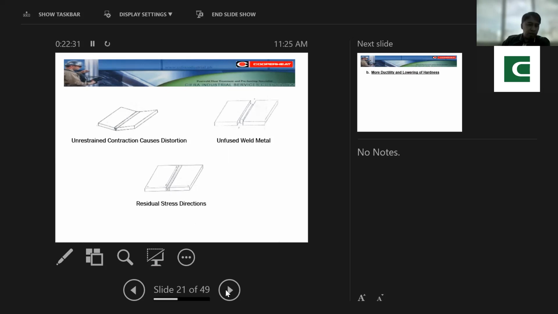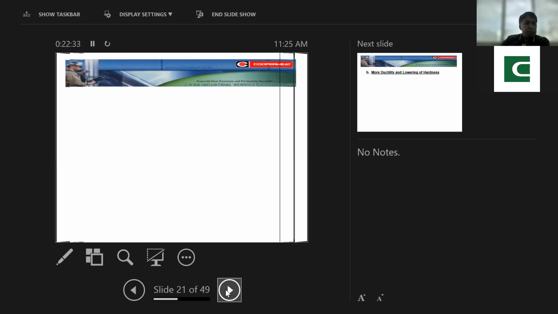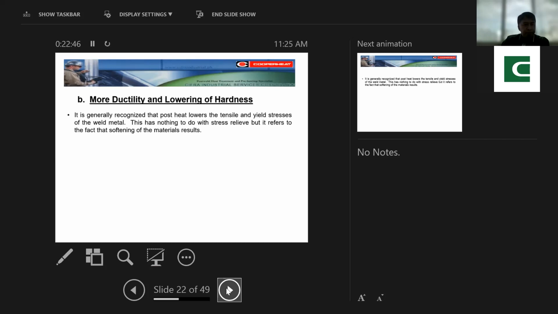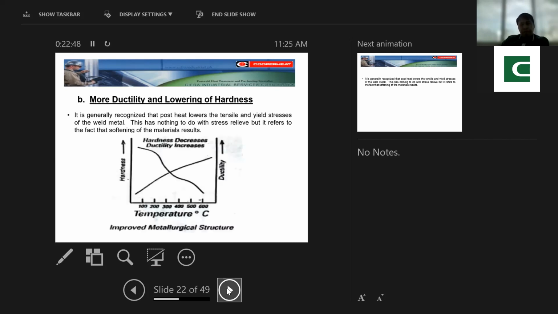So in order to remove this, you need to conduct post-weld heat treatment. And post-weld heat treatment will give more ductility and lower down the hardness of your material. So annealing will contribute more ductility on your material.